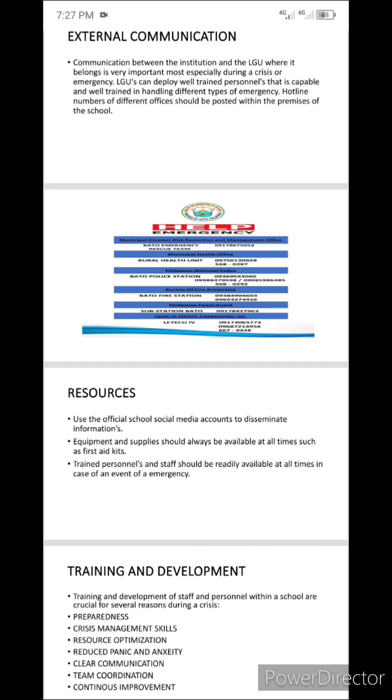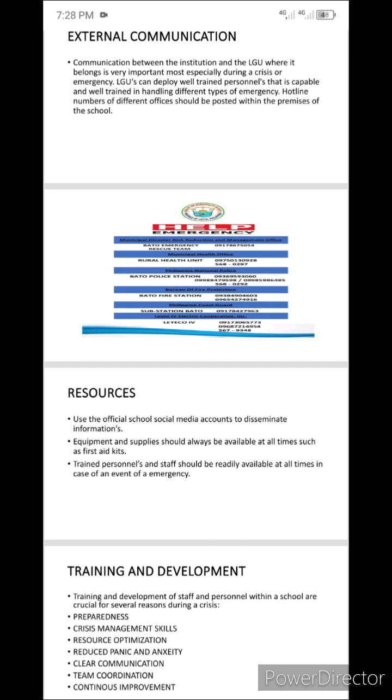So, the use of official school social media accounts to disseminate information. As I have said earlier, we are mostly dependent on the internet and social media to get news or to send and update information to anyone on the internet.